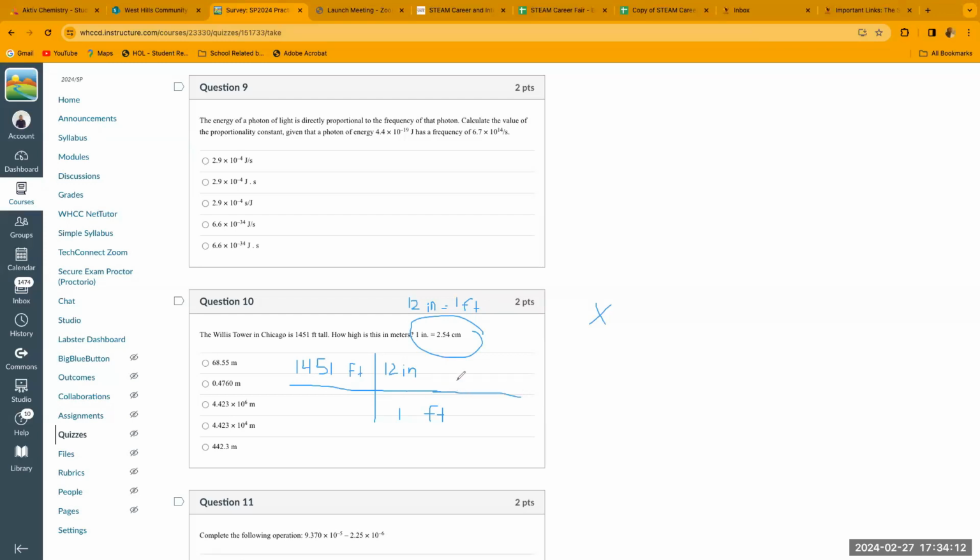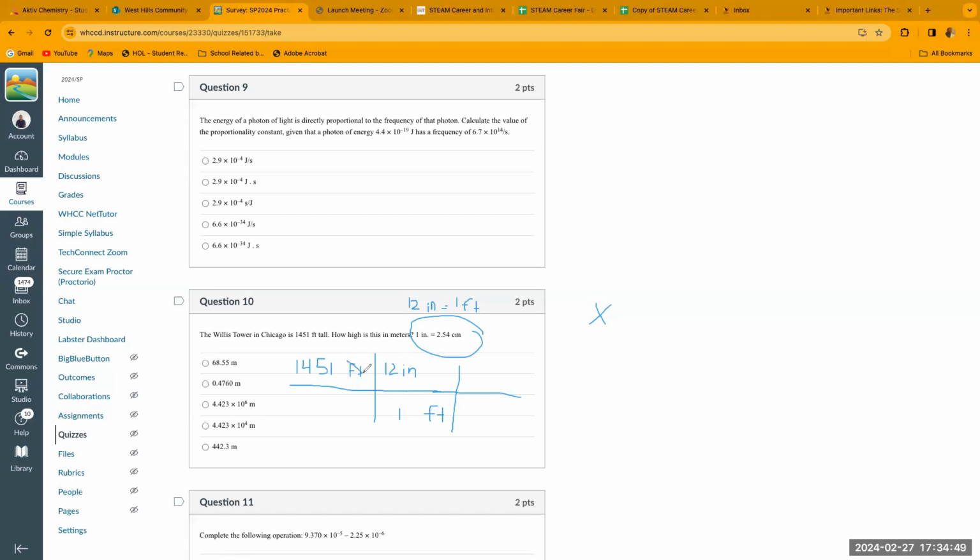Okay. Then how many centimeters are in an inch? Aren't we given that? Okay. So do I want inches on the bottom or do I want inches on top?